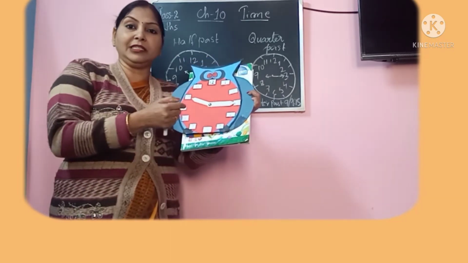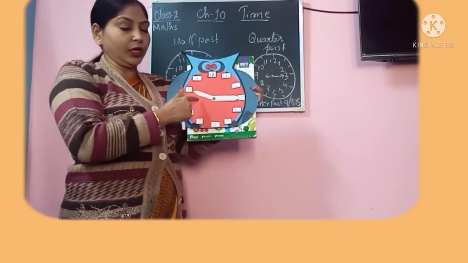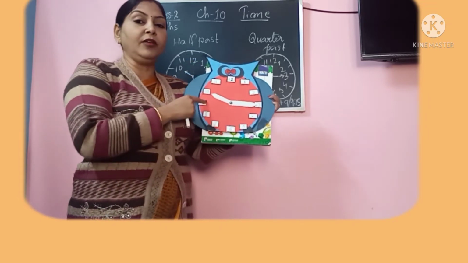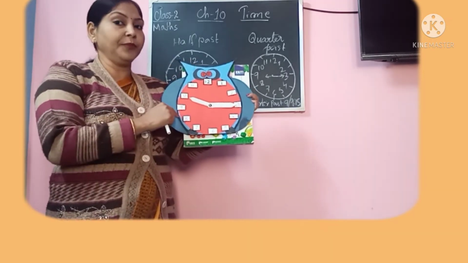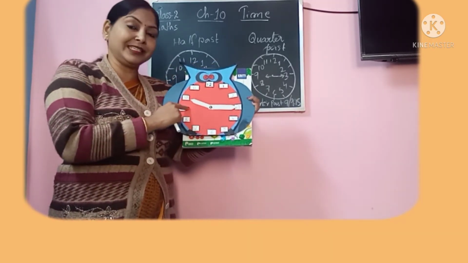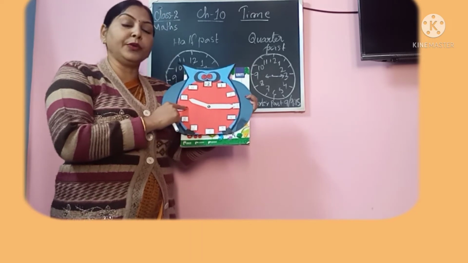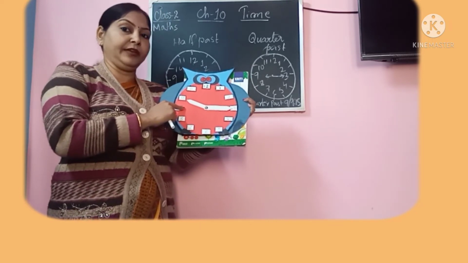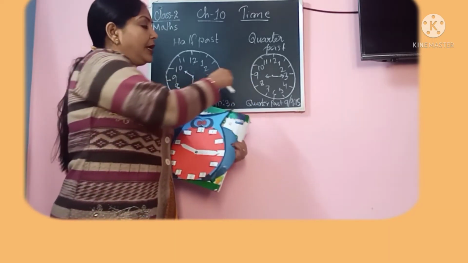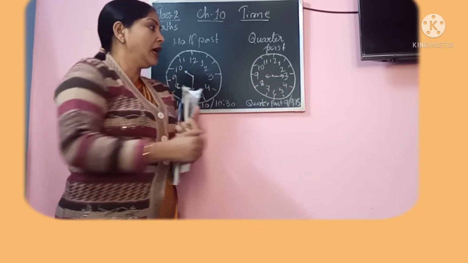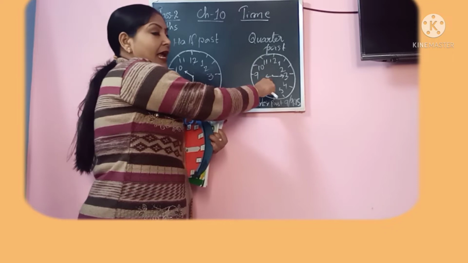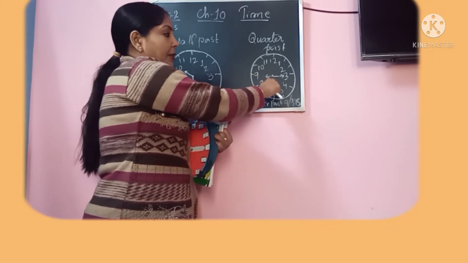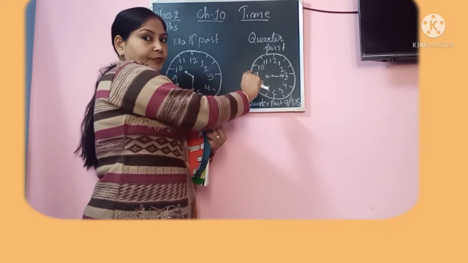If anybody asks you, when the clock is showing this time, how will you tell the time to the person? You will say it is quarter past 10, or you can also say 10:15. Over here you can see on the board, I have given one example. The hour hand is pointing at 9 and the minute hand is pointing at 3.